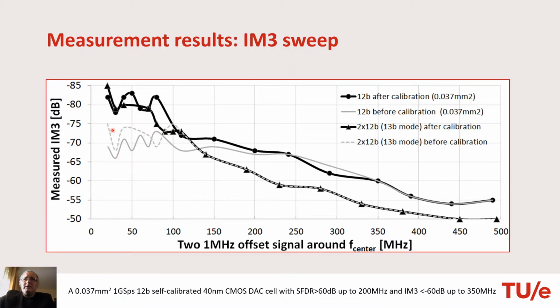Again, what we see here at low frequency, the performance before calibration is about 10 dB lower than the performance after calibration. When we calibrate, the IMD3 improves, and these advantages are kept to about 100 megahertz. After that, as the timing errors and dynamic errors become dominant, the advantages of the static calibration are lost.